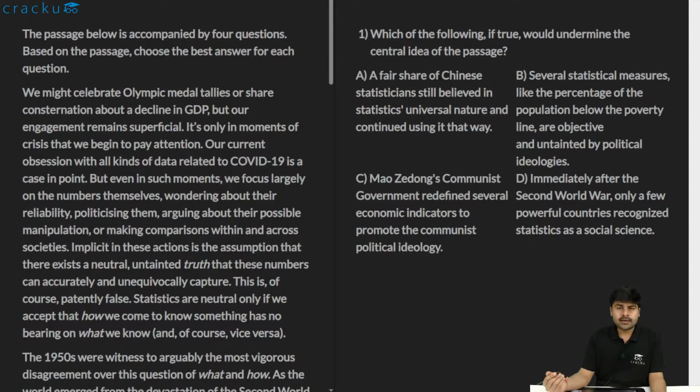Then we will begin our discussion of the passage after we are done with all of the questions. Here's the second question.